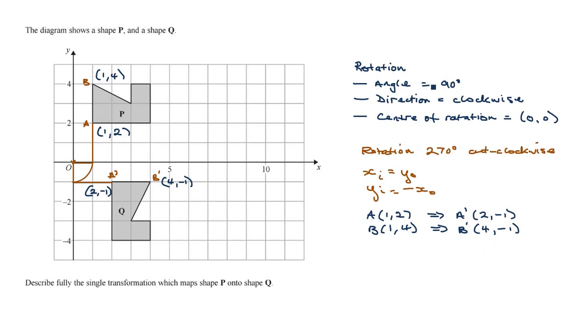So, fully describe the single transformation. What I'm going to do is say this is a rotation about the origin of 270 degrees anti-clockwise. Okay.